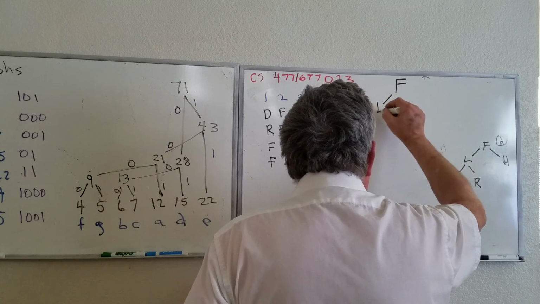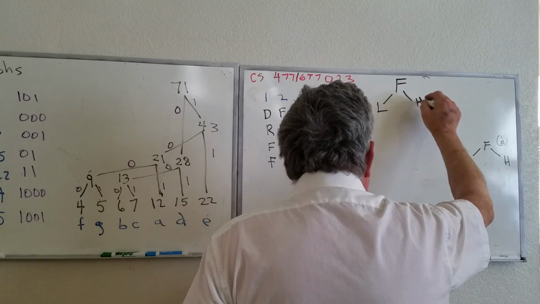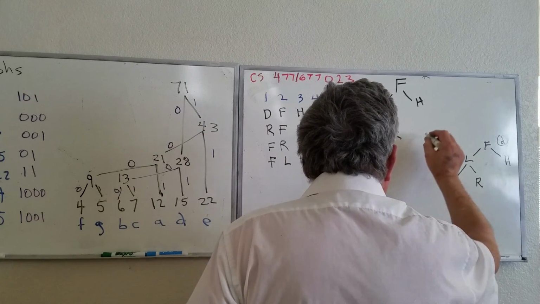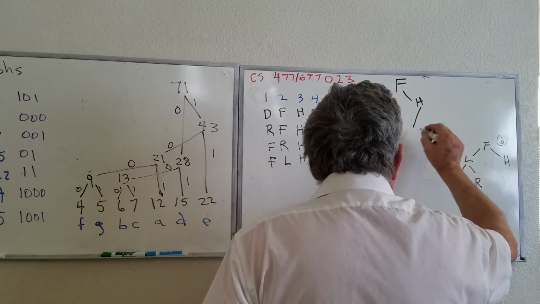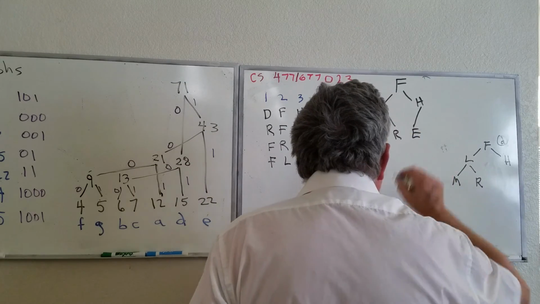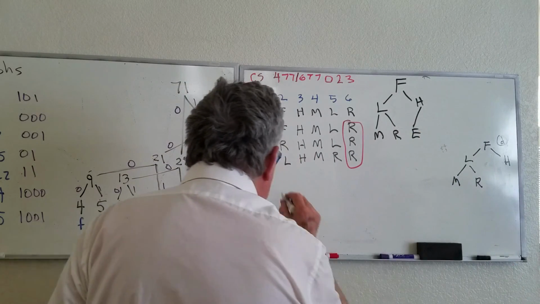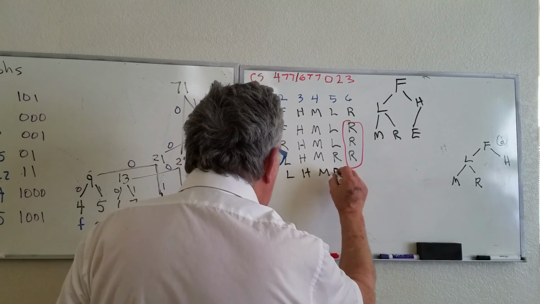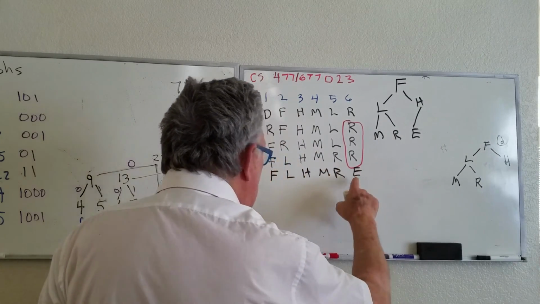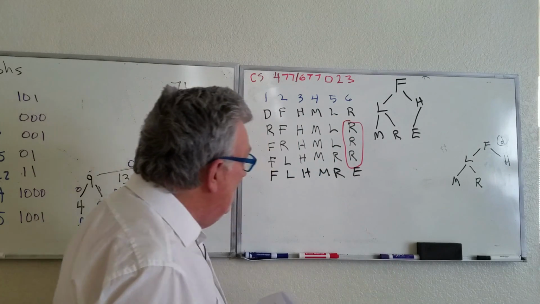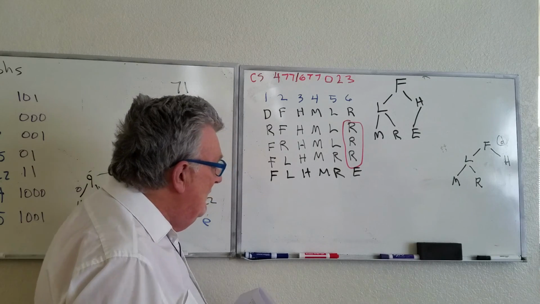And the last place in level order is the sixth place in the array, which is here, the left child of H. So this is our letter E here. All right, so now what happens here? This becomes F, L, H, M, R, E. Now I no longer have this circled in red. Circled in red means that they're not being used.